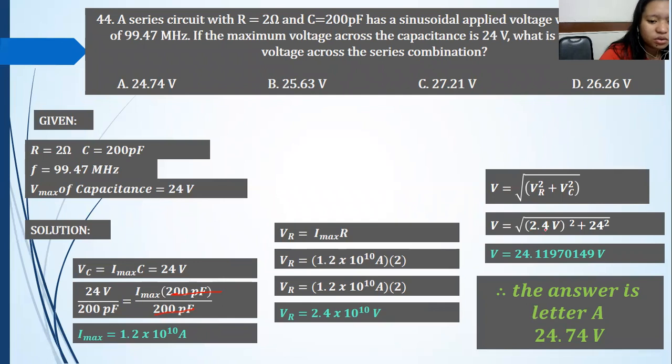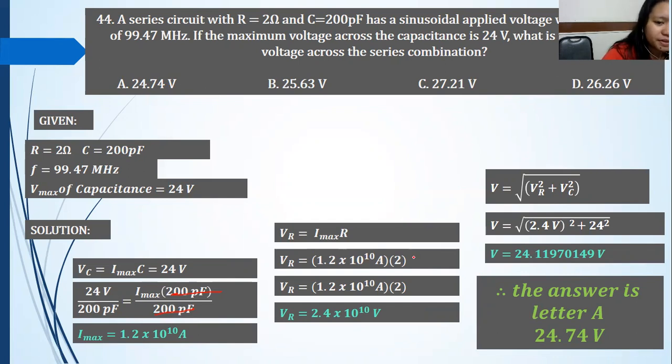Then 2.4 volts squared plus 24 squared gives 24.11970149 volts. Since the closer answer for me is letter A, the answer is letter A, 24.74 volts. I'm not sure if my answer is correct, but that is my solution.